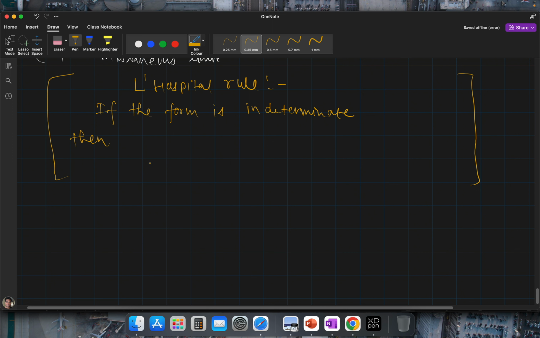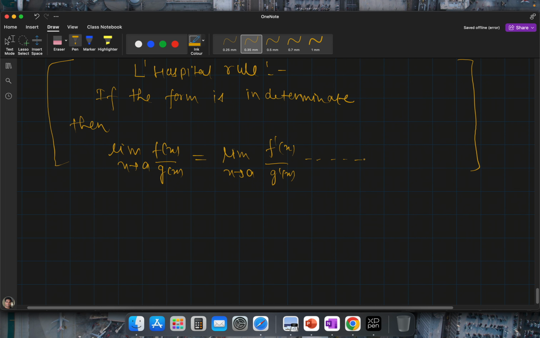Okay. So L'Hospital rule says if the form is indeterminate, then limit x tends to a, if it is a form of f(x) divided by g(x), will be exactly equal to limit x tends to a of f dash x by g dash x, and you have to continue this.